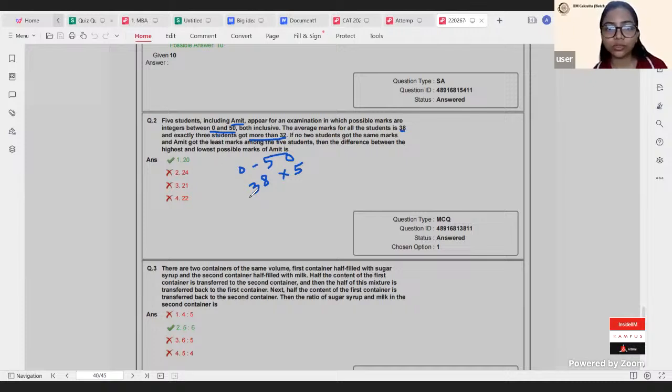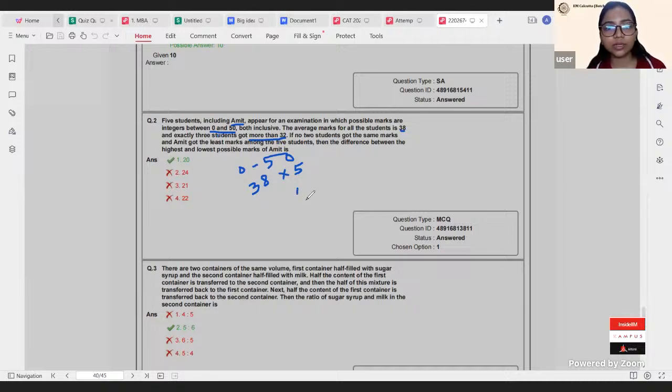If no 2 students got the same marks and Amit got the least marks among the 5 students, then the difference between the highest and lowest possible marks of Amit is asked. Basically, if 3 students got more than 32, in order to find the lowest possible marks of Amit, we have to assign the highest possible marks to the 3 candidates who scored more than 32.